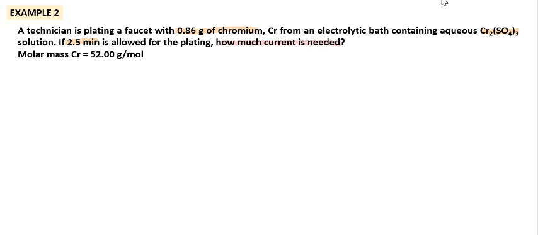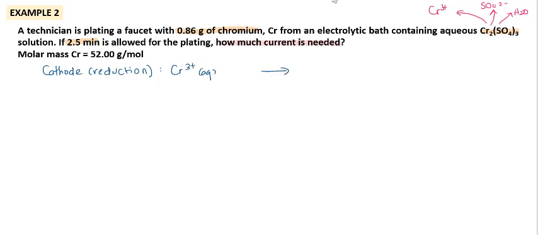Since we have the aqueous solution of chromium sulfate, there are three species present as usual. The chromium is the chromium 3 plus ion, and then we have sulfate ion and also water. Since chromium is deposited at the cathode, the half cell equation at the cathode is written as chromium 3 plus ion being reduced to chromium solid.